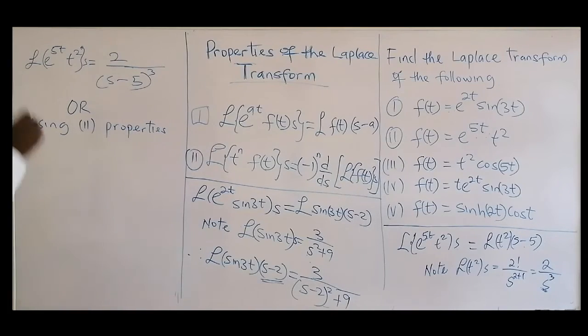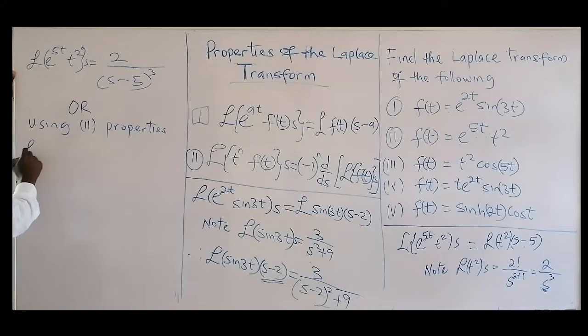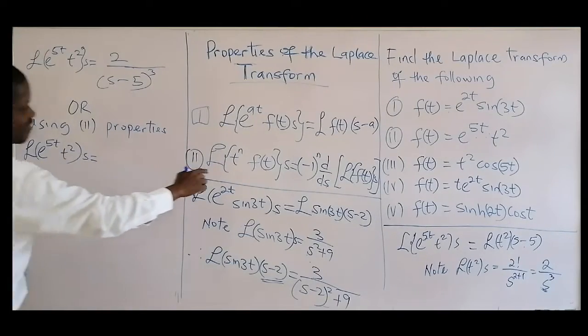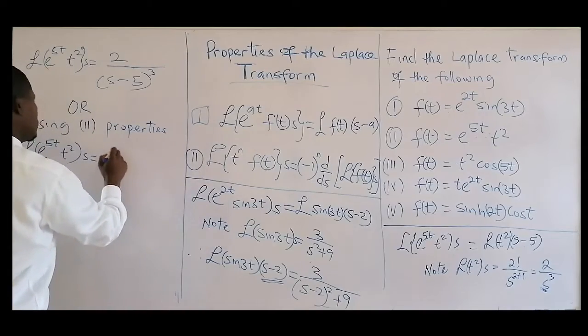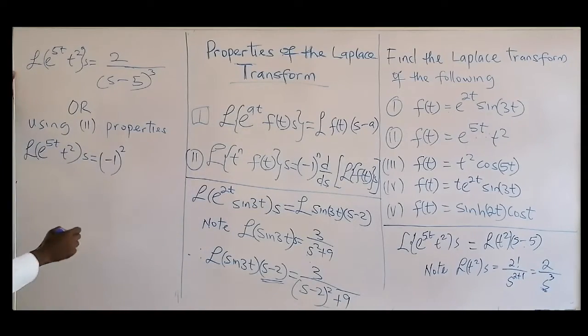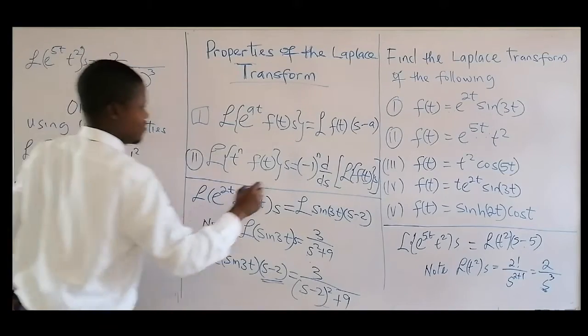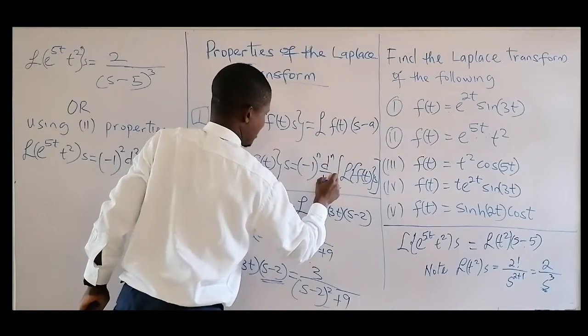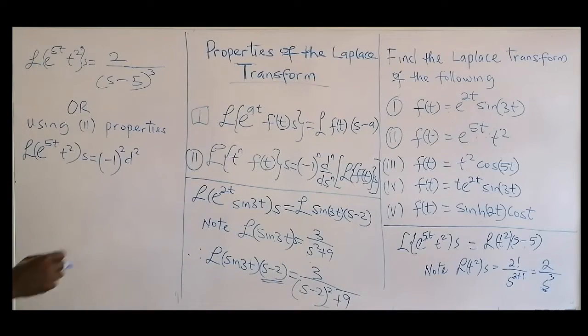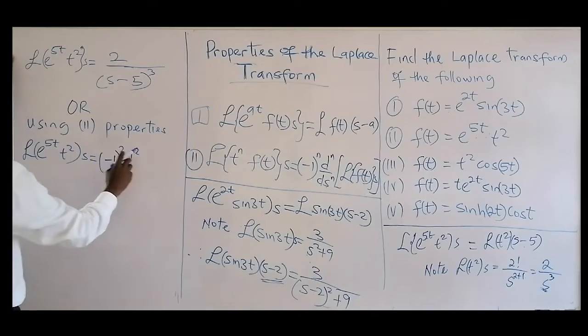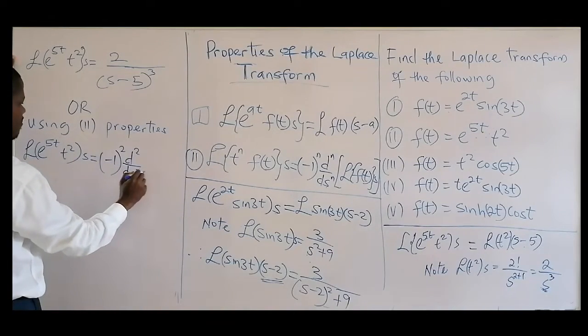So if you want to use the second property, we have Laplace of t squared, which will be equal to, that's t^n, minus 1 to the power 2, then the second differential. I didn't put it, there's a mistake here. This will be n here, n here. So that will be the second differential, d squared over dx squared.